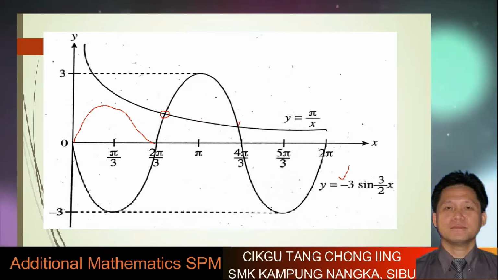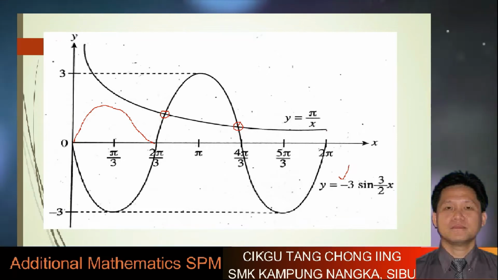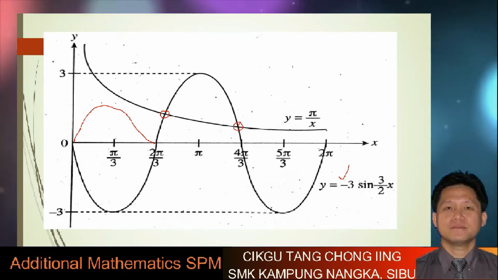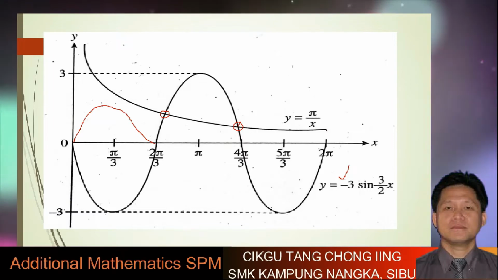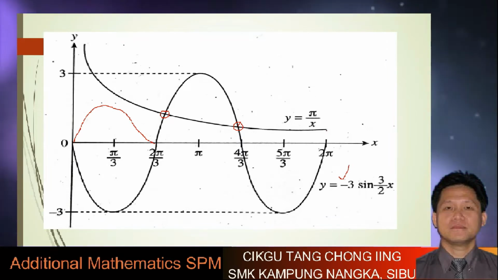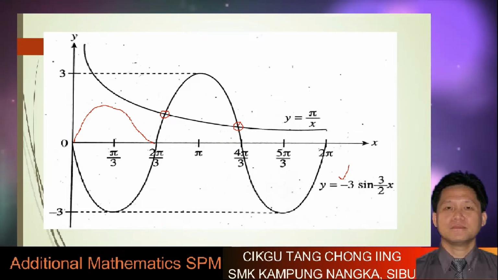Right here. Okay, so the number of solutions, meaning how many points of intersection. So here, if we have 2 points of intersection, then the number of solutions is equal to 2. Alright, the number of solutions is equal to 2.